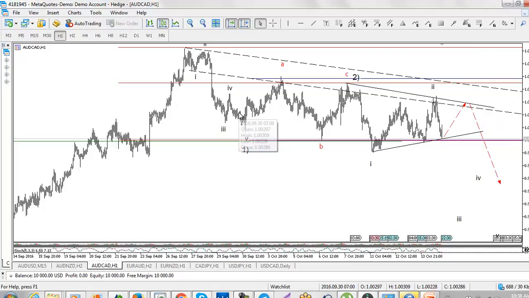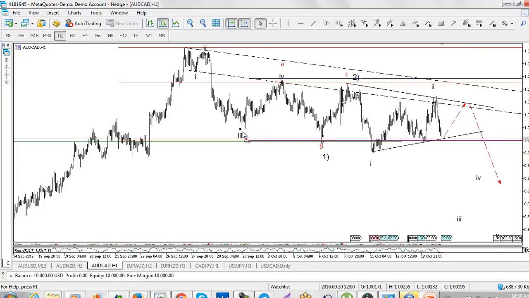We may now actually have to look at this as a whole corrective move. With this 1, 2, we'll label this as 3, and then the whole of this as wave 4, and then this as wave 5 right here.